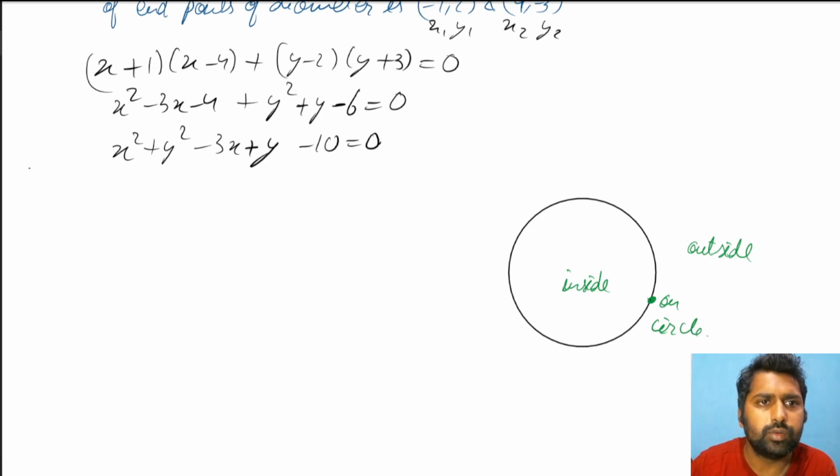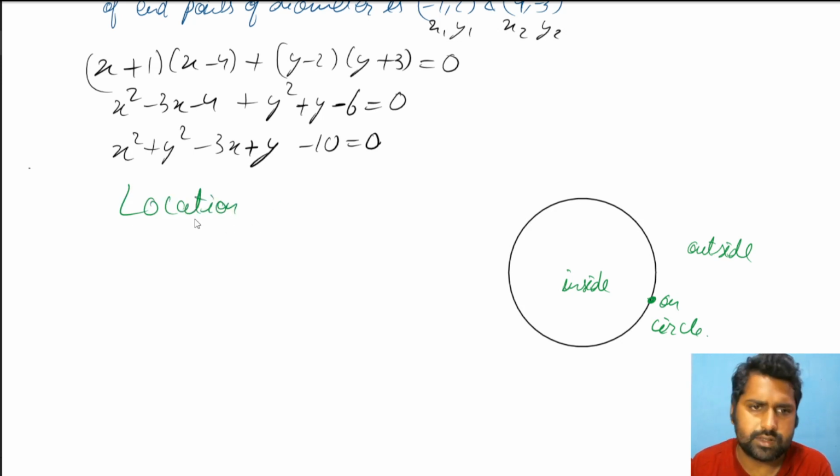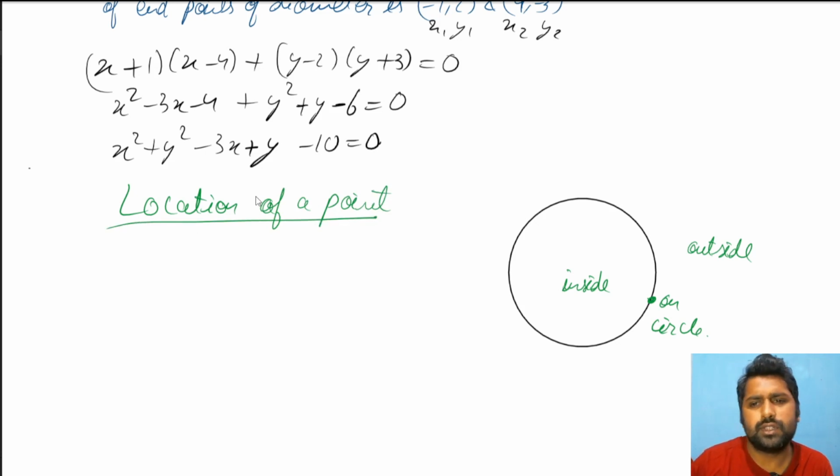So how do we know the location of a point, whether it is on the circle, inside the circle, or outside the circle? The question can ask you about the location of a point.